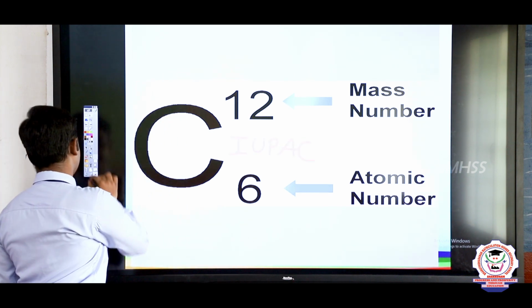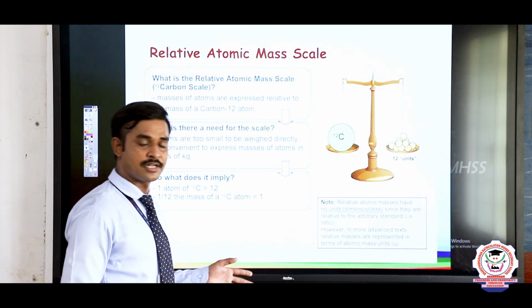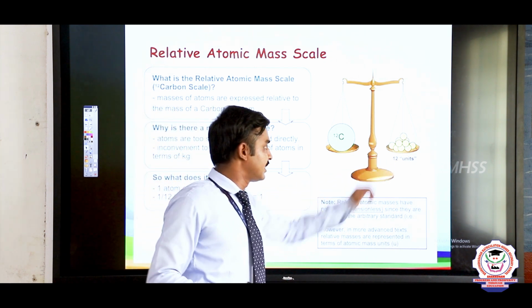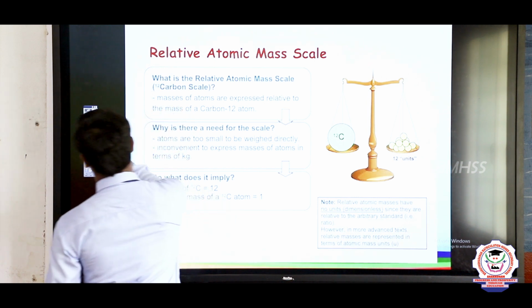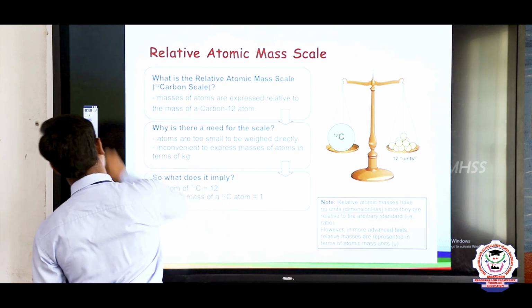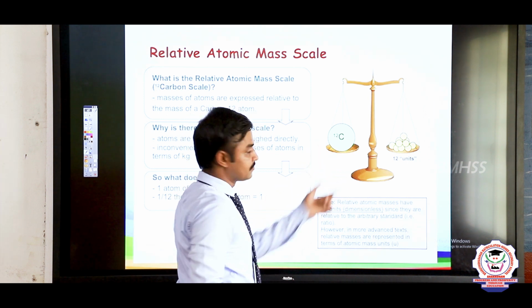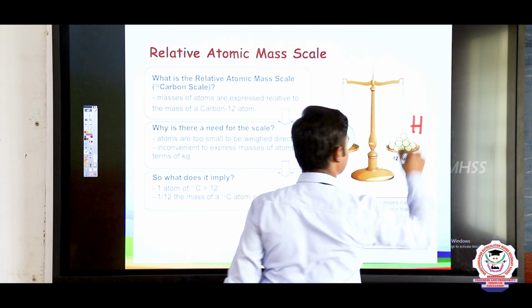Okay. Let us see how we use the carbon 12 atom to measure the other elements. For example, here you can see, on the left side of the balance we have the carbon 12 atom and on the right side we have the hydrogen atom.